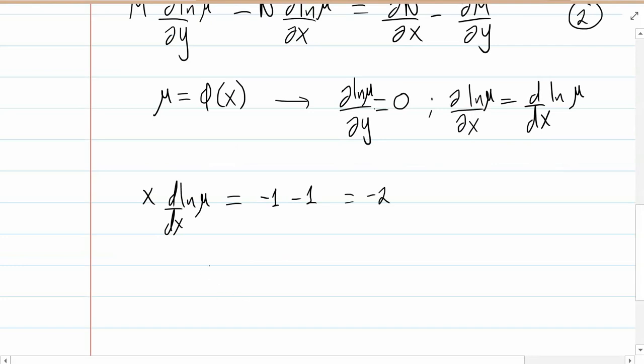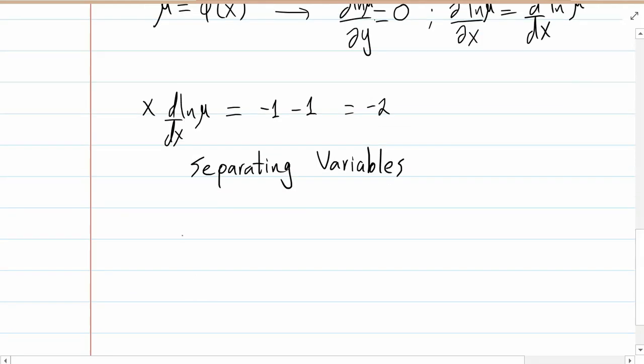We can reorganize this and actually solve it by separable variables. What we get is the integral of the total derivative of ln mu is equal to the integral of -2 over x dx.